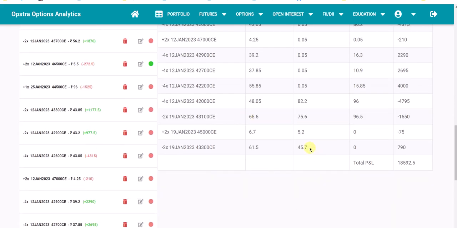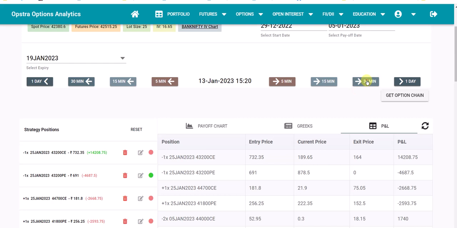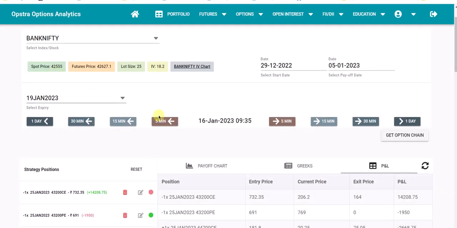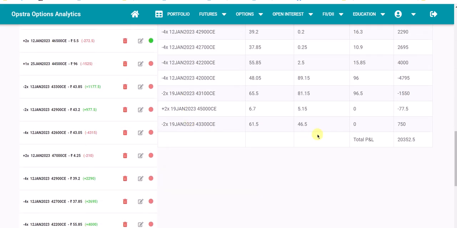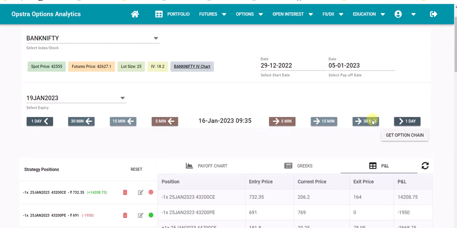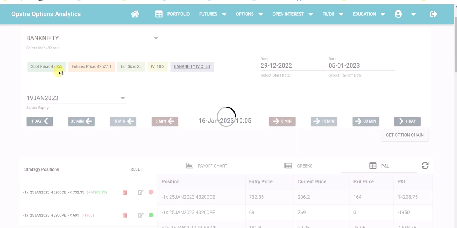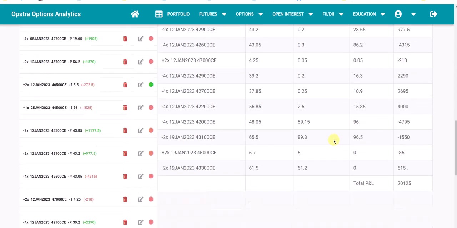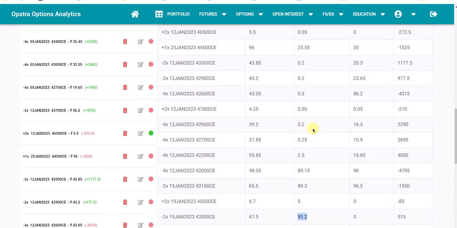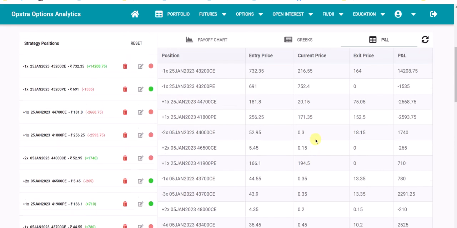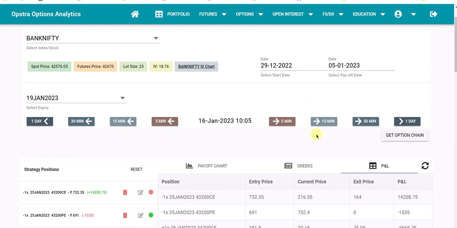If it is reversing and making 90, no. There is some reversal, but still we have not lost anything much. We are in profit only with the sell legs. That's the advantage you are seeing, right? OTMs you are selling, and the reversal we are not seeing the loss. That's the beauty of OTM selling.